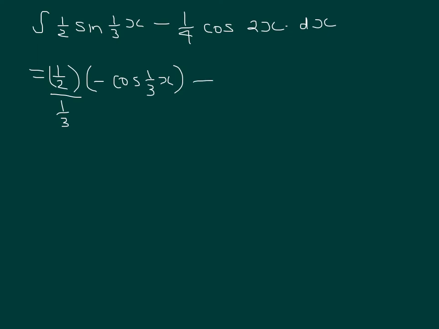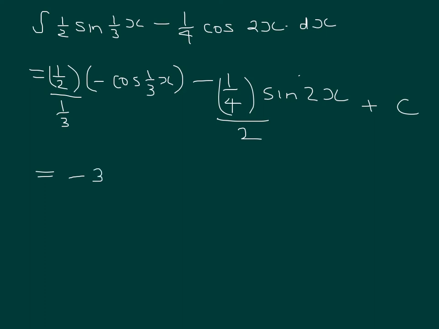Minus, leave the quarter there, pop it in brackets to be safe. The integral of cos is sine 2x, and then we divide by the derivative of 2x and put a plus c. So if there's a minus, put it out the front first. A half divided by a third, well, you can do that in your brain, I don't think you need a calculator. This one is inverted, so 3 comes up to the top.